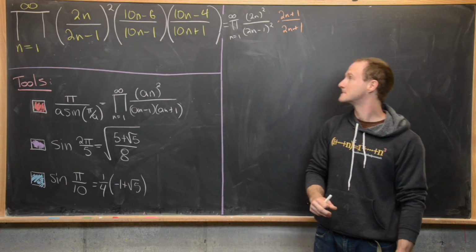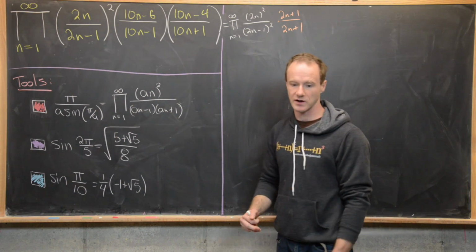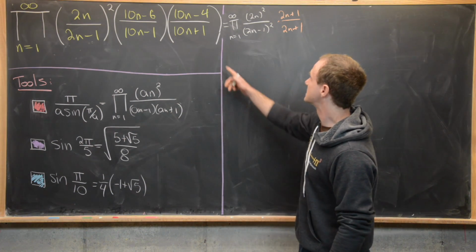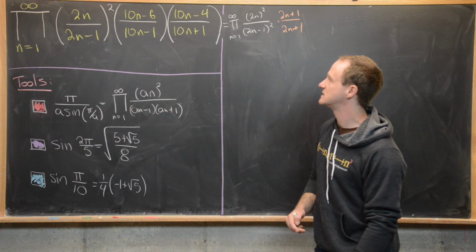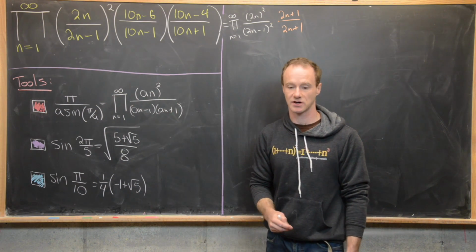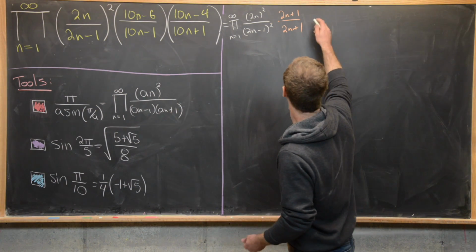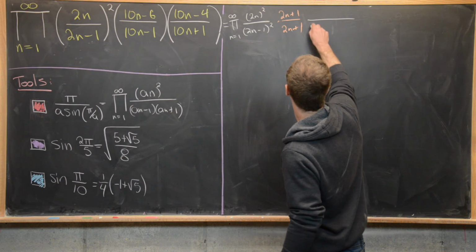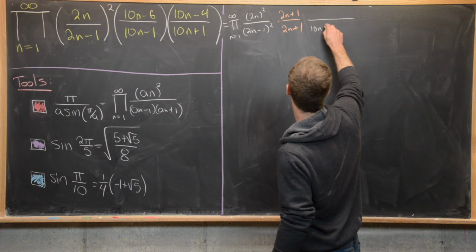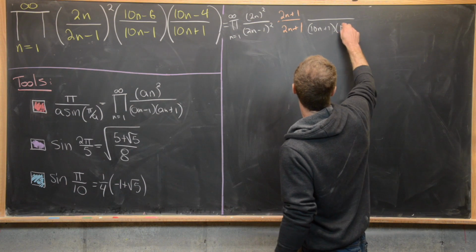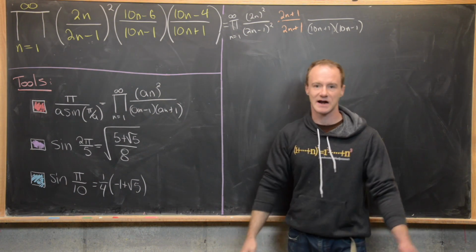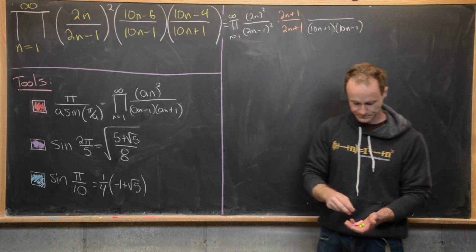Okay, good. Now the next thing that I want to notice is that I've got this 10n minus 1 times 10n plus 1 term. So let's write that in the denominator. That is actually part of our product already. So 10n minus 1, 10n plus 1.